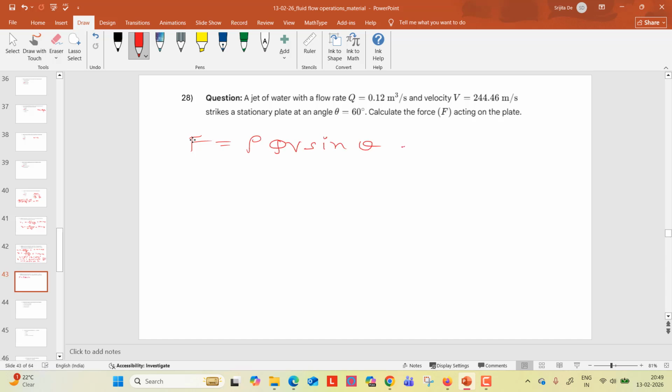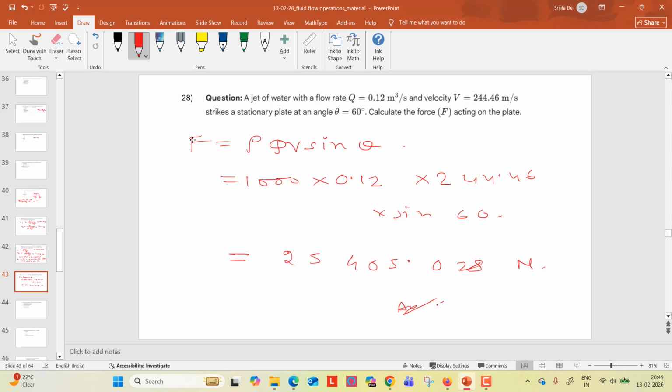Rho is 1000 because it is water, Q is 0.12, V is 244.46 into sine 60 degree. So it is coming as 25,405.028 Newton. Okay, this is your answer.